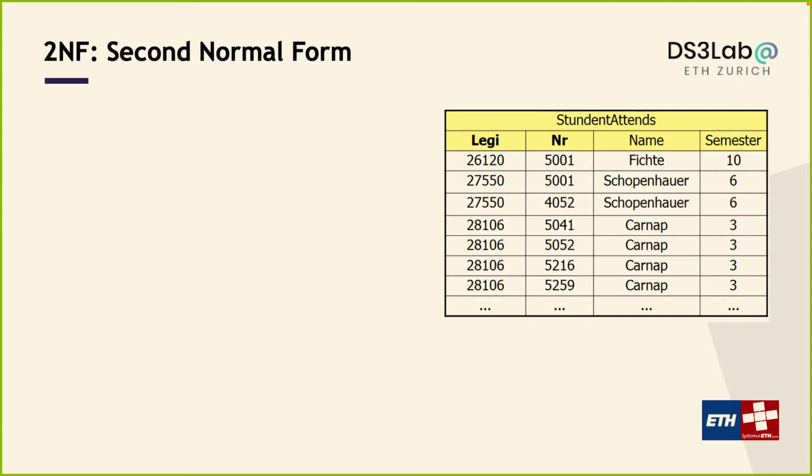The consequence of mixing these two pieces of information together is that the primary key of this relation becomes a combination of the student ID and the lecture ID. And once you have that, you start to cause problems, before we formally define it.